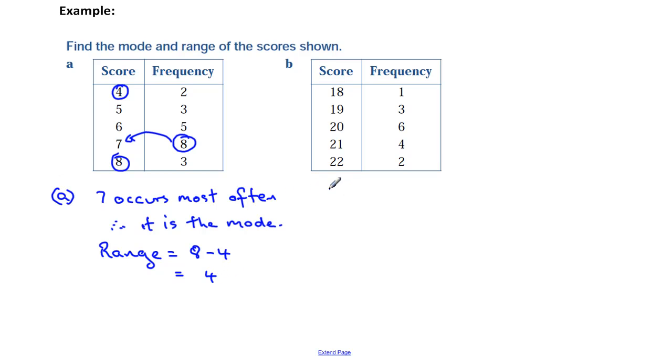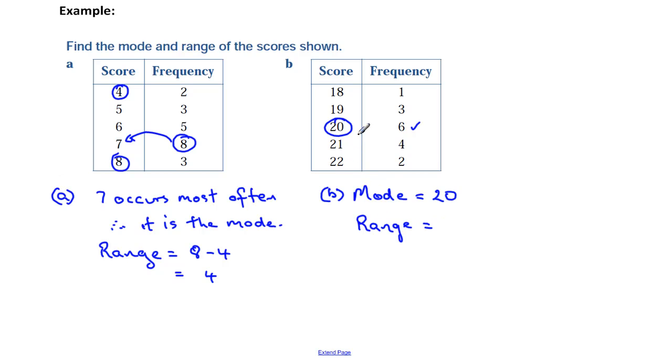Let's try B. The mode is the one that occurs most often. Have a look at the frequencies. There it is there. It occurs 6 times. So the mode must be 20. That's the score that occurs most often. And what about the range?